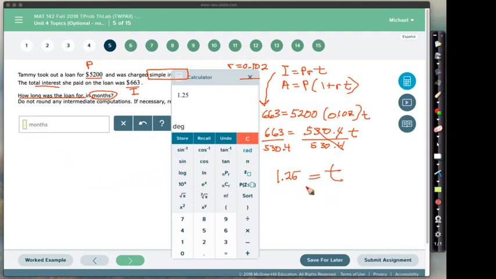Well, you could break this down a couple different ways, but one is that it's 1 year plus a few more months. How many months are in a year? Well, there's 12 months in a year. So maybe the easiest way to do this is to take those 12 months and multiply it by 1.25. And that should convert, because there's 12 months in 1 year.